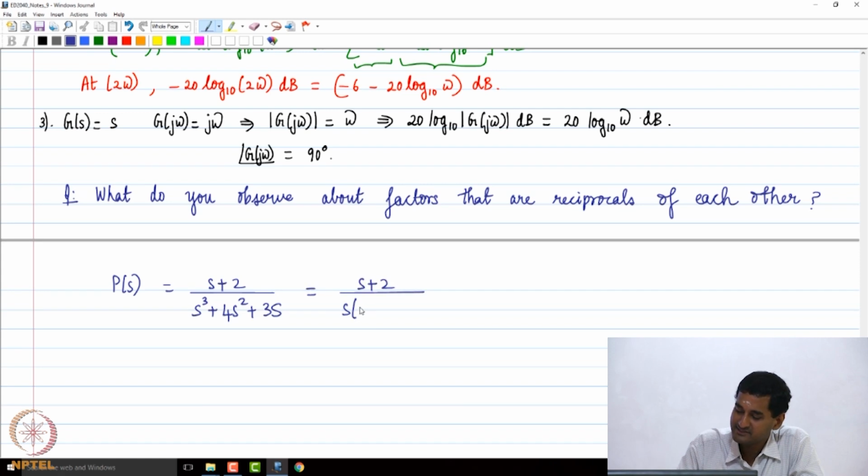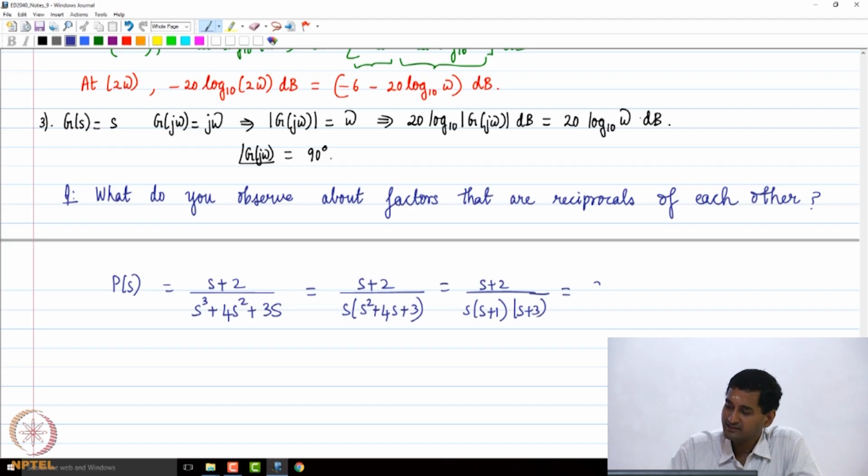I can rewrite the denominator as s times s squared plus 4s plus 3. And s squared plus 4s plus 3 is going to be s plus 1 times s plus 3, correct?